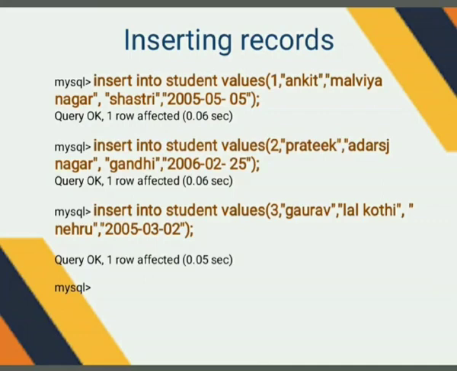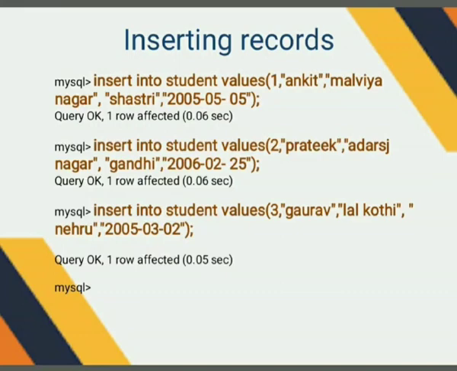DD means day. Once we have written all the values, close the parenthesis, put the semicolon. After semicolon, the query will be executed and it will be written query OK, one row affected.